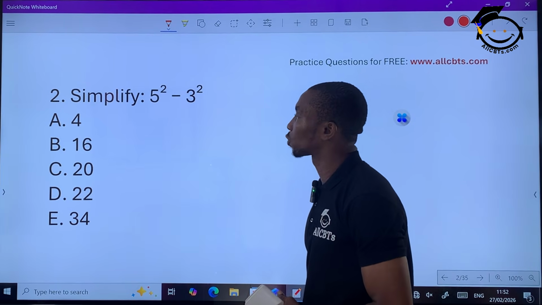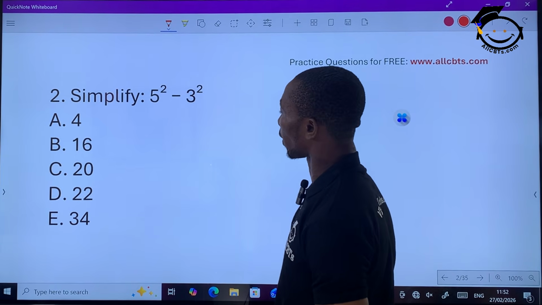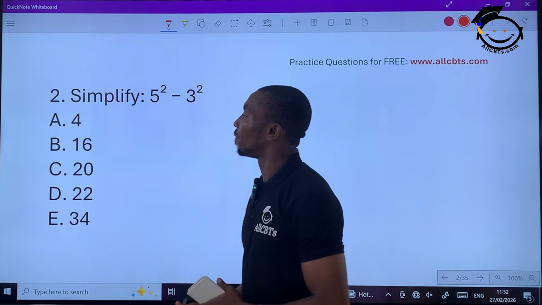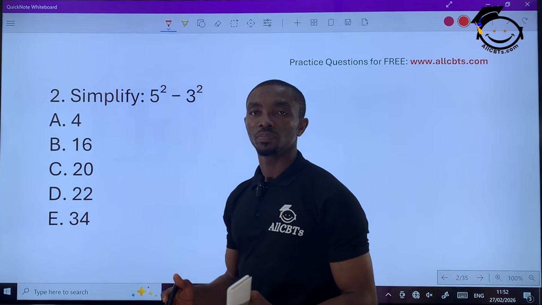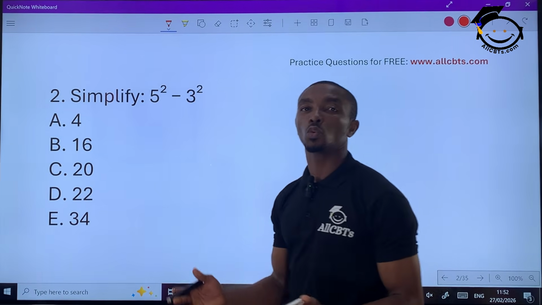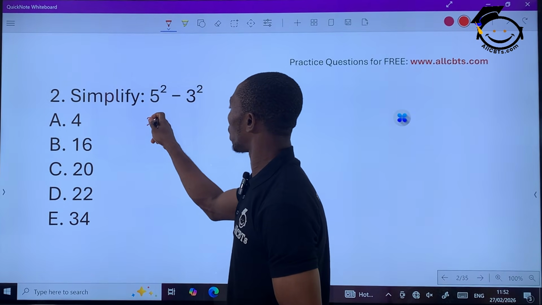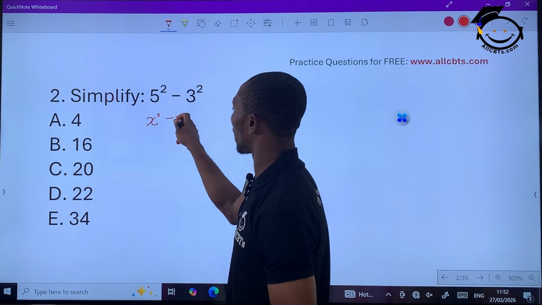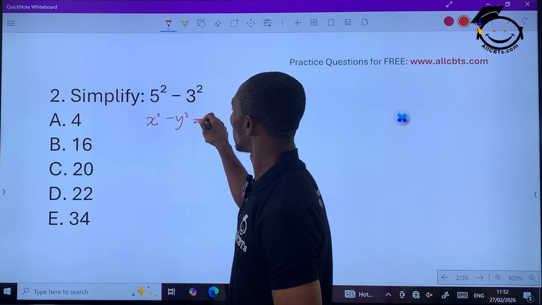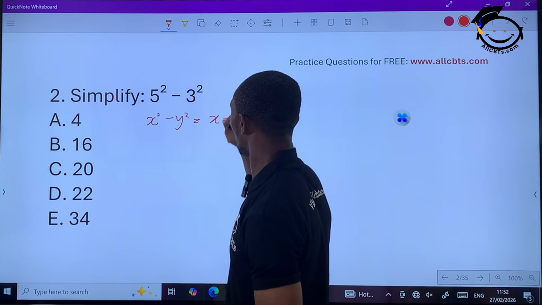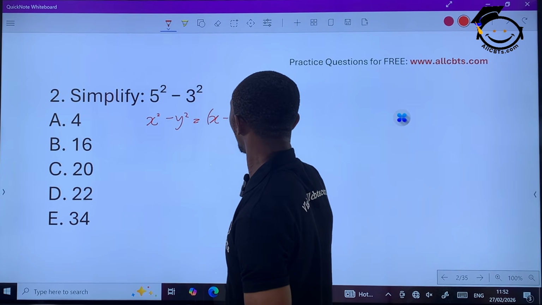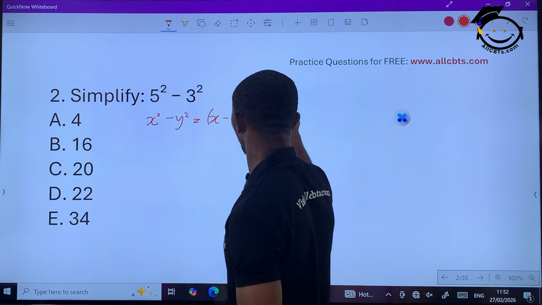Simplify 5 squared minus 3 squared. Now apply the difference of squares rule. We have it as x squared minus y squared, which gives us x minus y times x plus y.